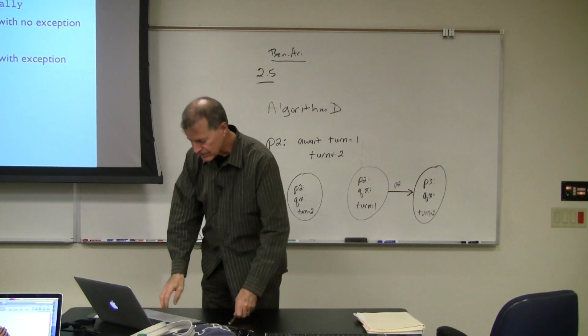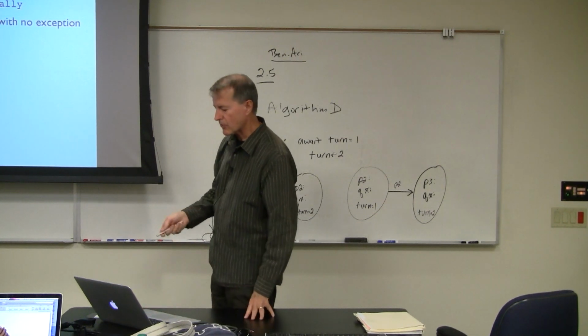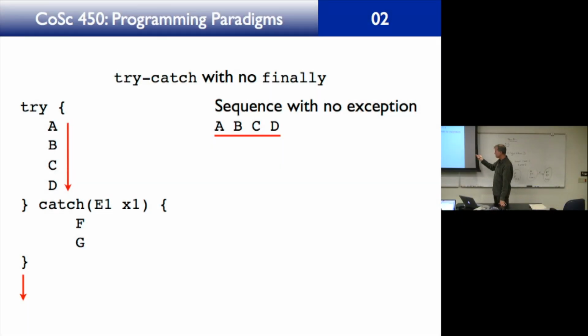Actually, let's recall this try-catch. So here's a try-catch with no finally. Remember what we said was, if there are no exceptions in this try block, which consists of the statements A, B, C, D, then the sequence of execution is first A, then statement B, then statement C, then statement D. And if there are no exceptions, we skip the catch and we just go on.